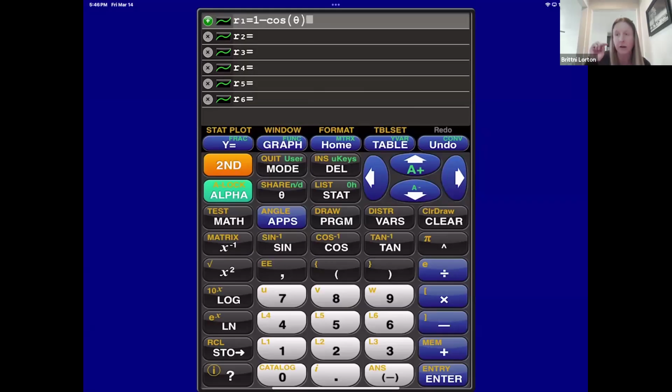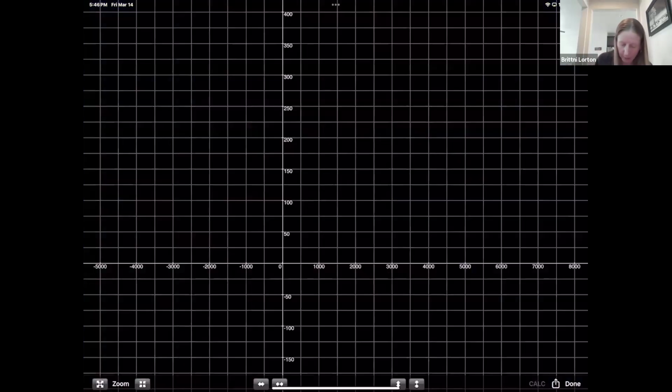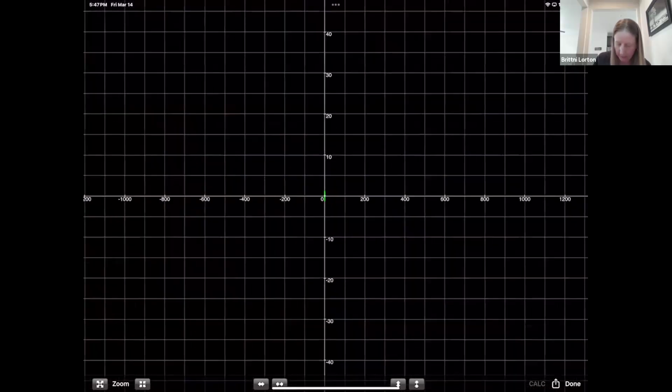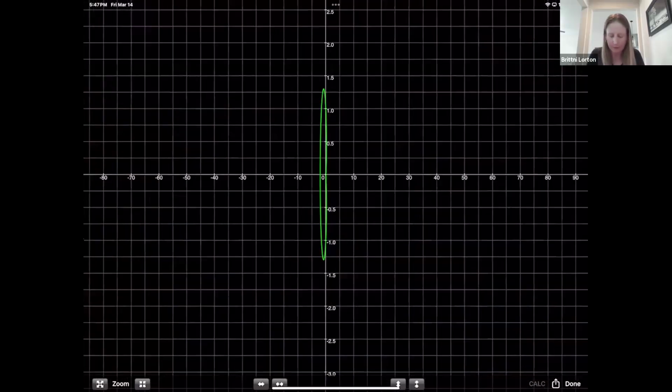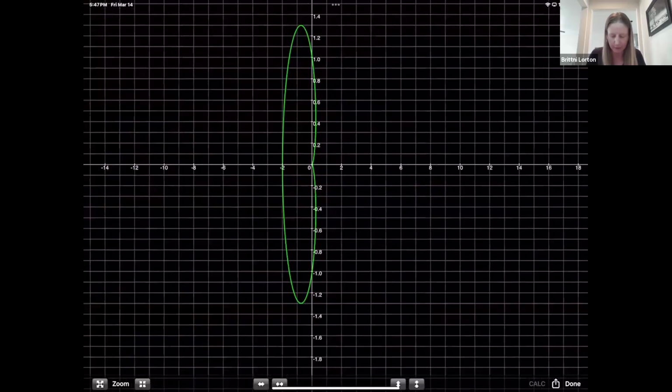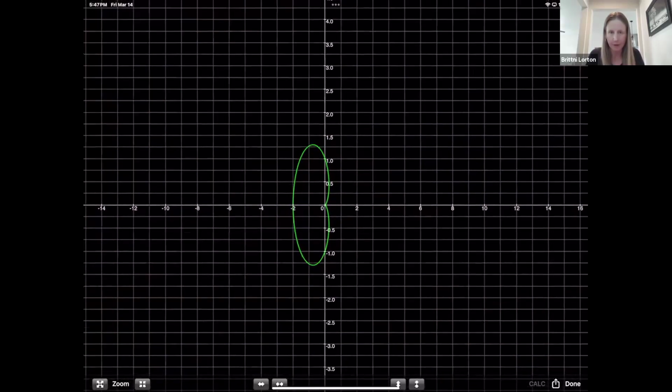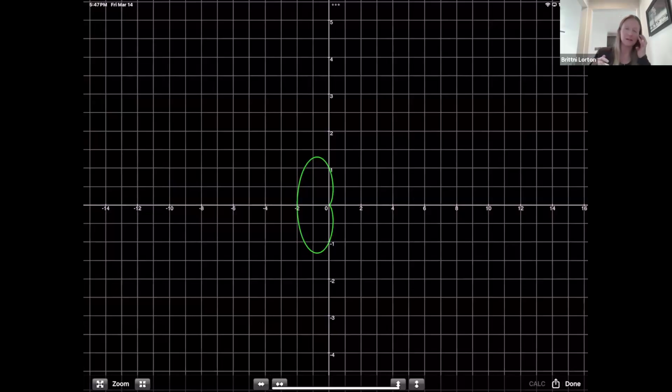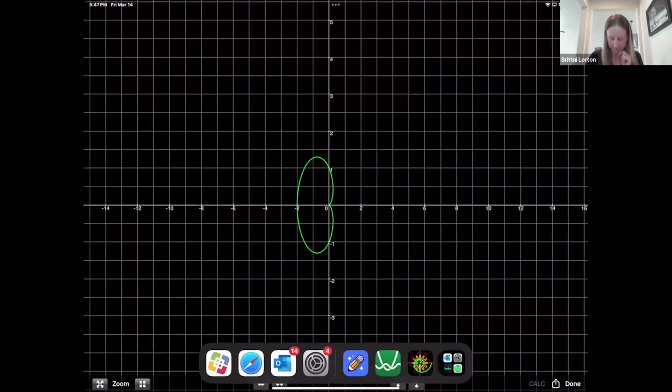Theta is the same button as your X button on your graphing calculator. Then I can go to graph it, and mine looks a little different than yours. I'm so sorry. Yours will look like that. There we go. That's probably what yours will end up looking like on your graphing calculator. Definitely pause and practice that in your graphing calculator.